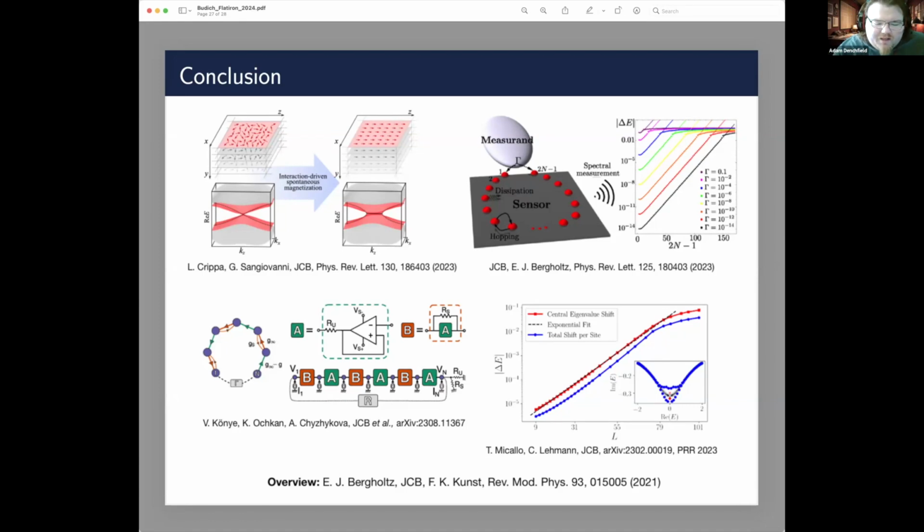And so I'm wondering, given the large sensitivity that these non-Hermitian systems can sometimes have, can you talk maybe about measurement-induced transitions in systems?